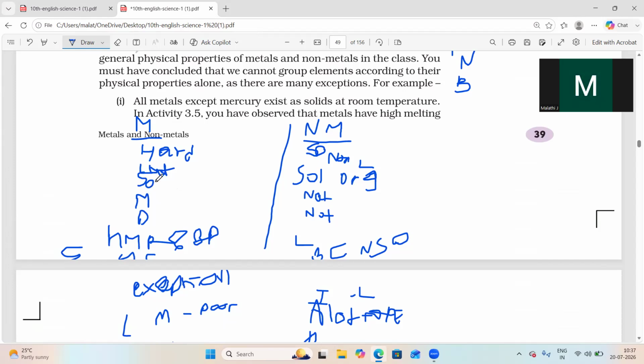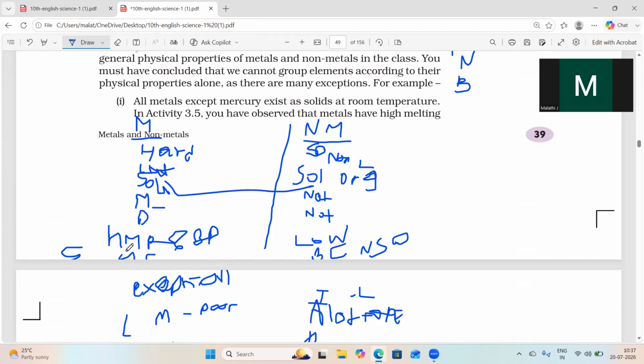Metals are solids; non-metals may be solids or gases. Metals are malleable; non-metals are not. Metals are ductile; non-metals are not ductile. Metals have high melting and boiling points; non-metals have low melting and boiling points.